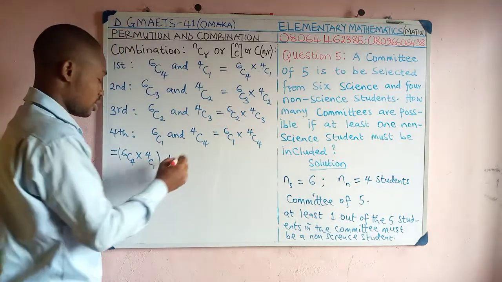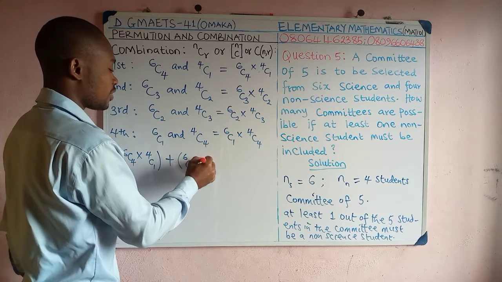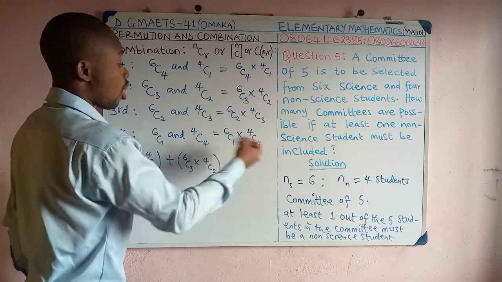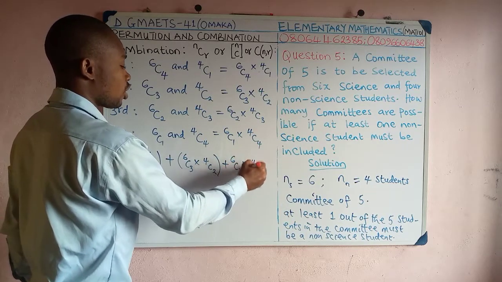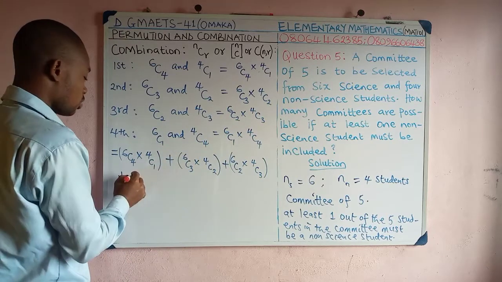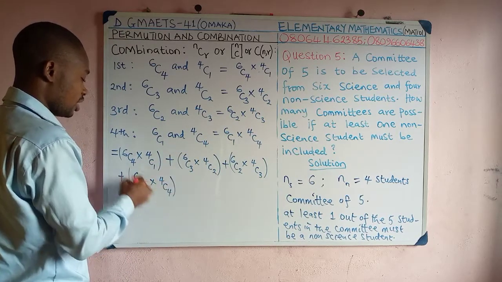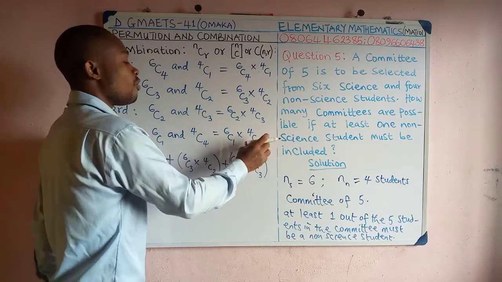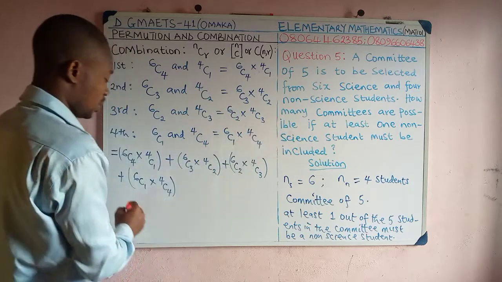And that's why we have this. Then this is going to be 6 combination 3 times 4 combination 2. Or the third selection, 6 combination 2 times 4 combination 3. Or the last possibility is 6 combination 1 times 4 combination 4. You see, in this 4 combination 4, we have 4 non-science students, selected to serve in that committee.